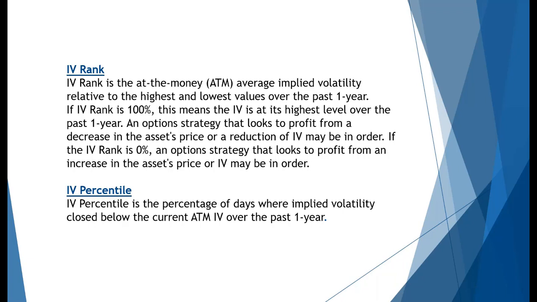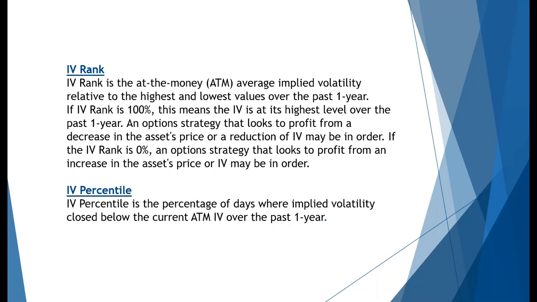Both are important in our process. The difference lies in the differential of our historical volatility and the range of our implied volatility. So we're going to look at historical as it relates to our implied volatility, but also I want to know what is the range of my implied volatility.